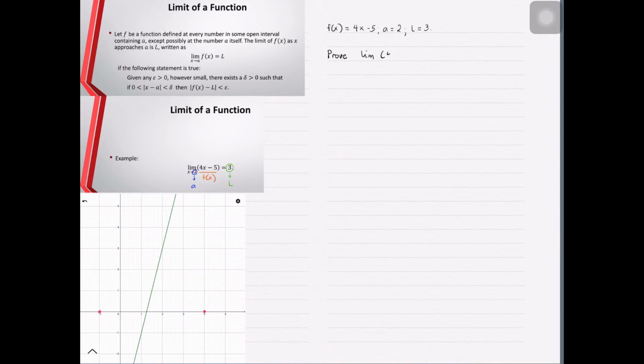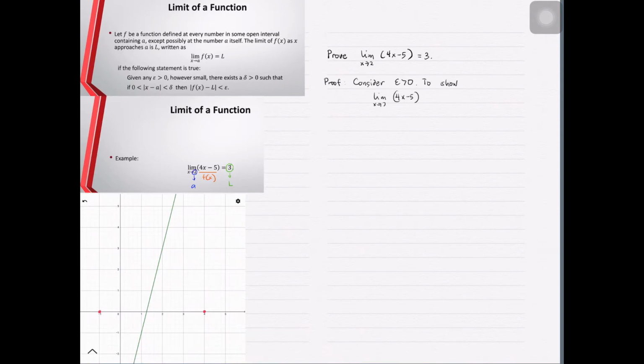So yes, let's now prove that the limit of 4x minus 5 as x approaches 2 would be 3. Our assumption here is the existence of epsilon greater than 0.